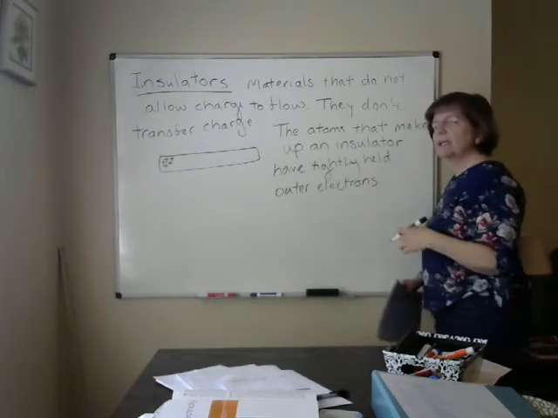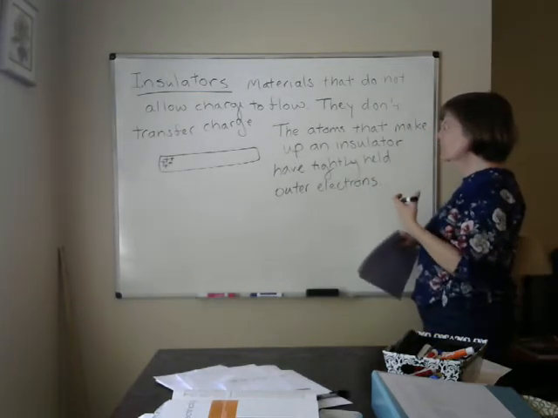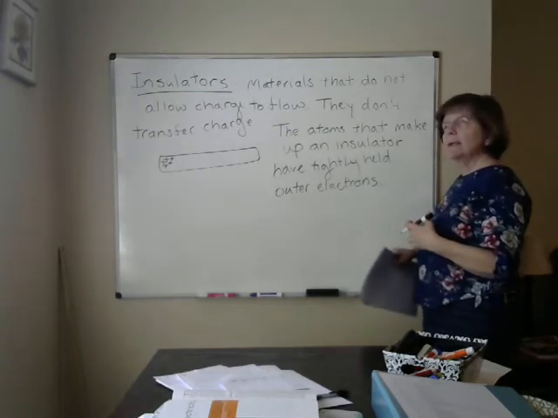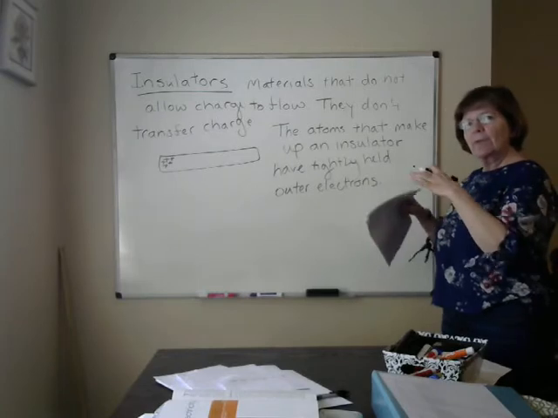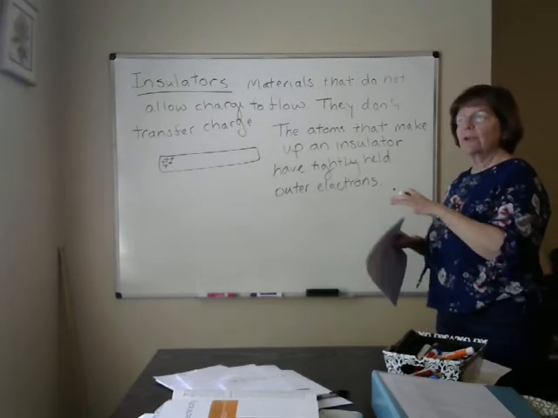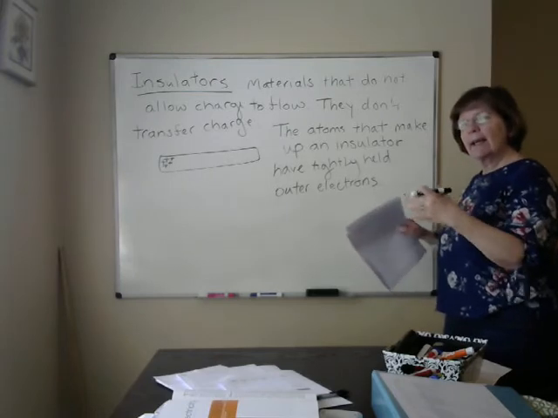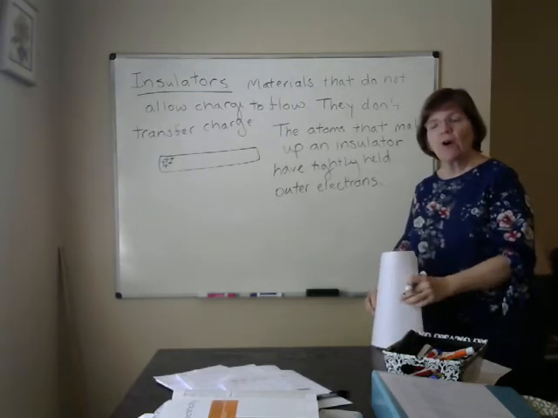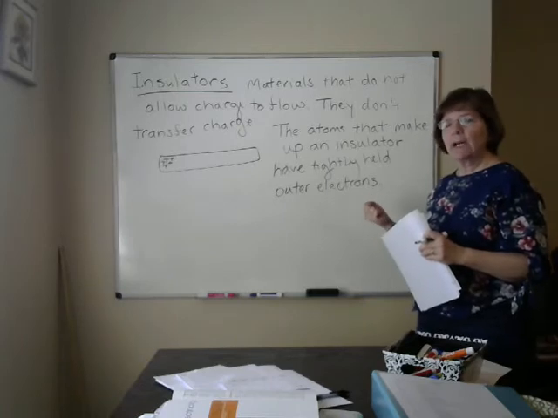I don't know if you've taken a chemistry class, but in chemistry, these outer electrons are called valence electrons. Generally speaking, atoms are very happy when their outer shell is full. So when you have insulators, you have materials where that outer layer of the atom is full or almost full, and they hold on to their electrons really, really tightly.